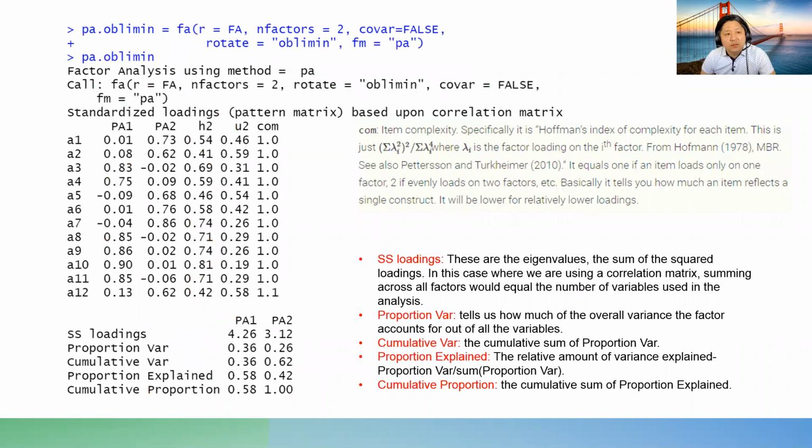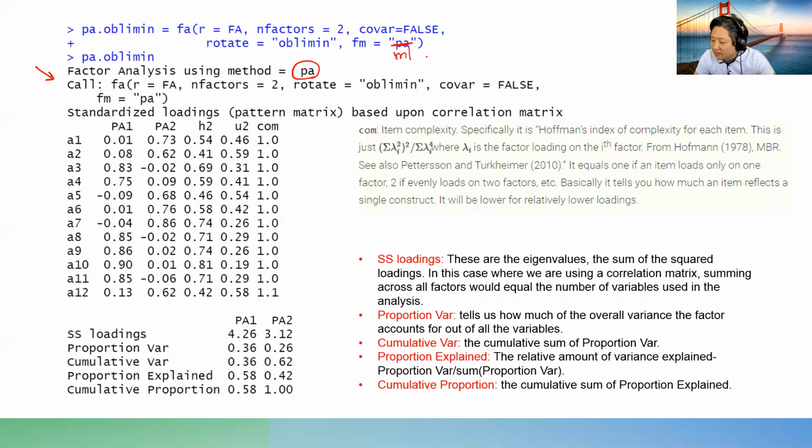Okay. So then let's interpret the results. This is the factor loadings matrix from your R package. For factor analysis, using method PA means we use principal axis factoring. If you use maximum likelihood estimation, you just put ML here.